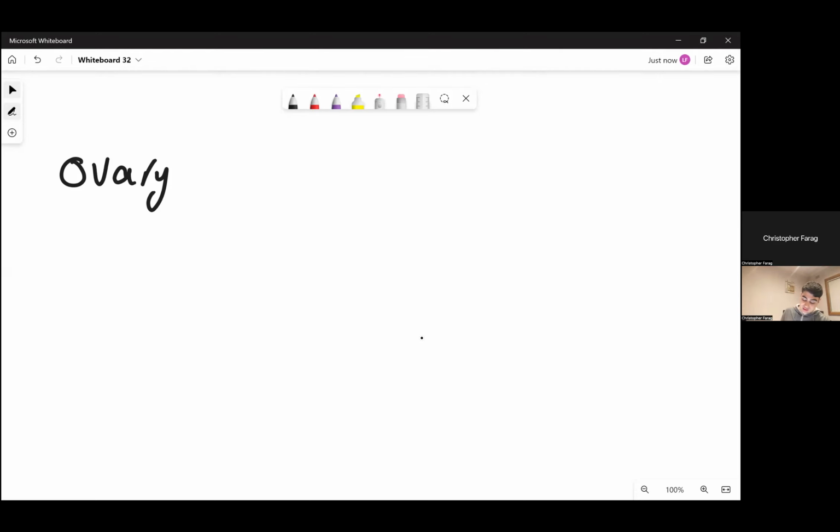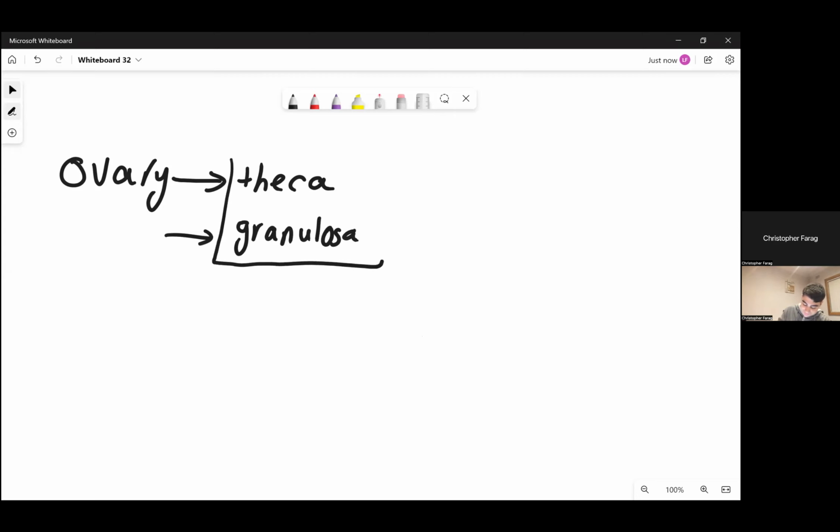Okay, now what does the ovary do? The ovary has its key cells, first of all. We know we have theca cells and we have granulosa follicular cells. Each of these cells are responsible for steroidogenesis.